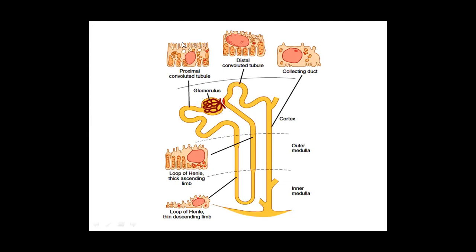There are plenty of villi, innumerable villi and microvilli, a substantially big nucleus, and also plenty of mitochondria. So a moderate sized nucleus, plenty of mitochondria, and a lot of villi and microvilli.